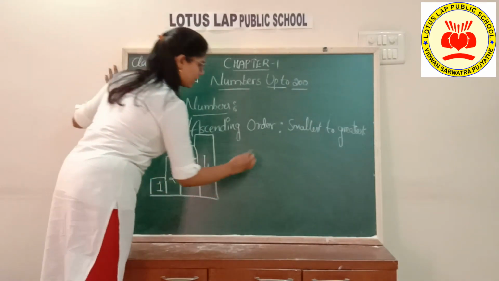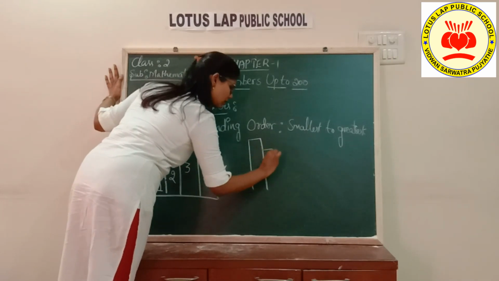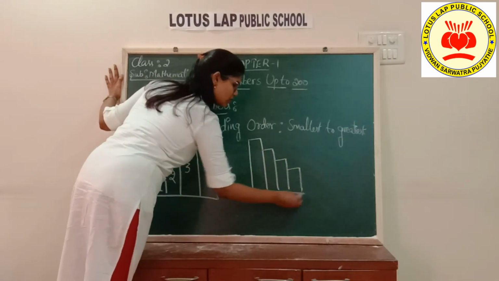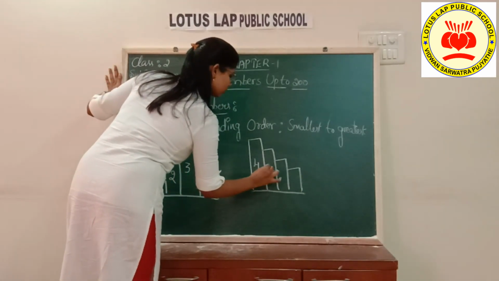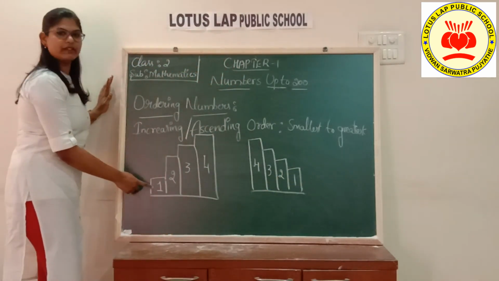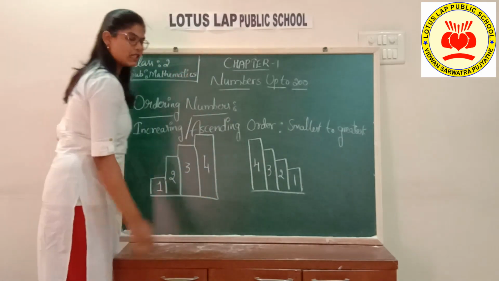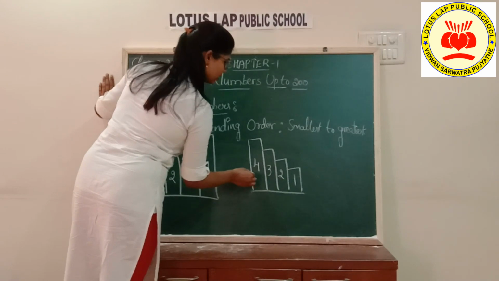In the same way, if I take steps like this, okay, here now 4, 3, 2, 1. The lower one I have given 1 as step 1. Okay, here also I am taking step 1 as the smaller one only. See, here the order.